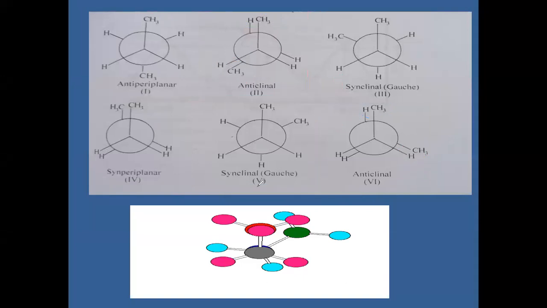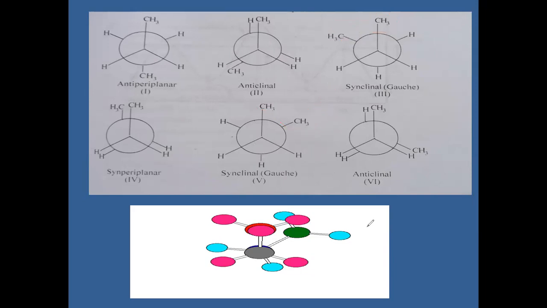Now this number 3 and number 5 form, these are also same. Now why are these same? As you can see here, methyl groups are close to each other. Here also they are close to each other, but on the other side, right? And that's why these two synclinal forms are same.